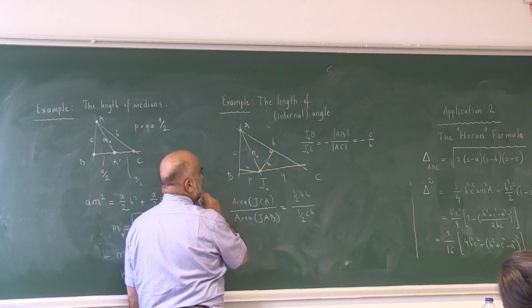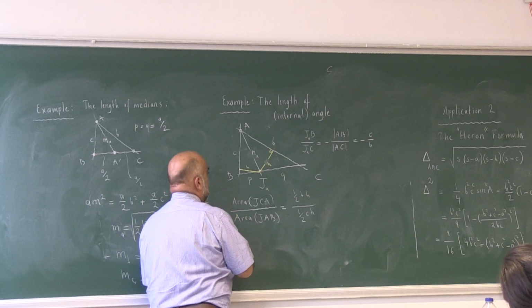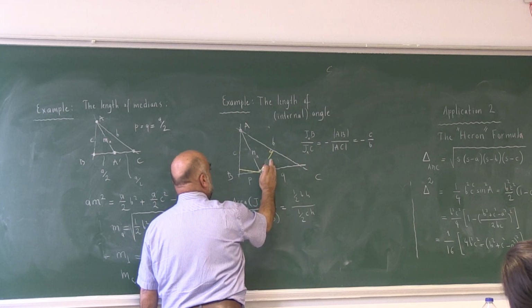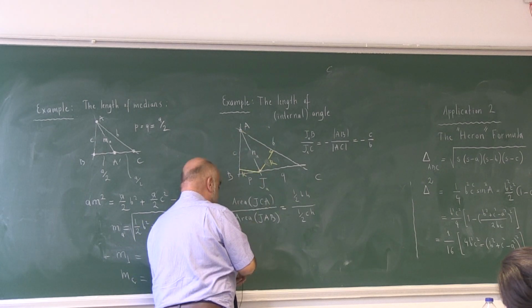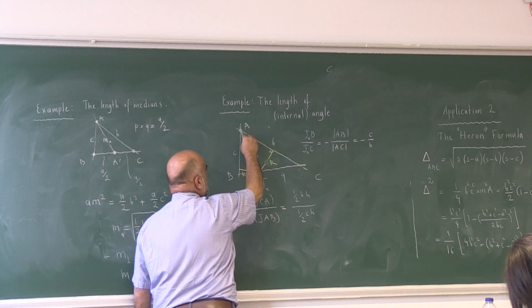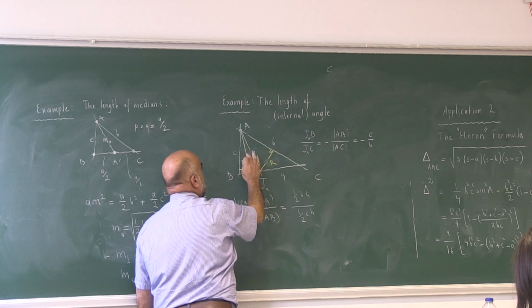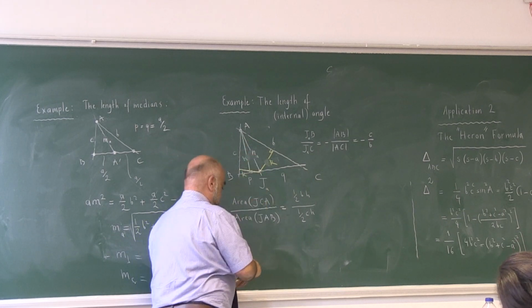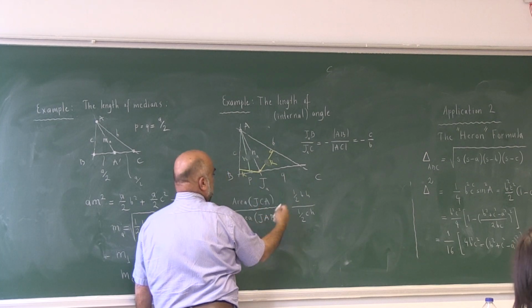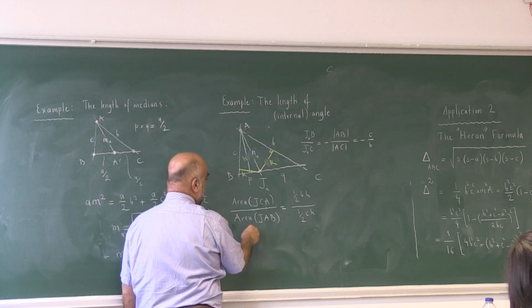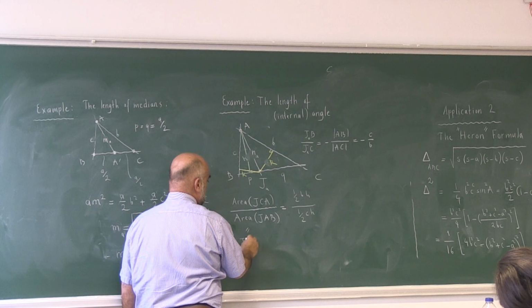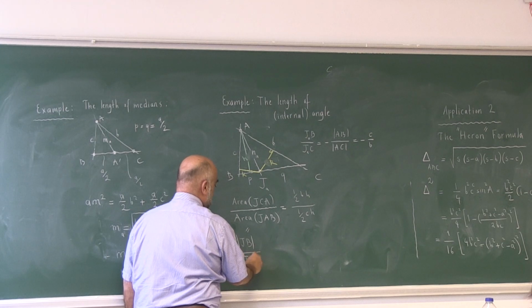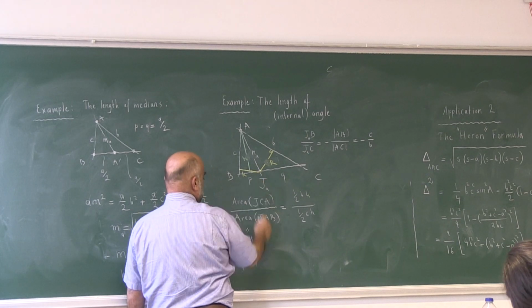Now this area can also be written as, okay, so, well, let me change my notation. Instead of h, I will take k. That's better. Because you see, I now want to use the real altitude of the triangle, which I shall now denote h. So the same ratio is of course equal to the length of JB to JC. Well, I'm sorry.